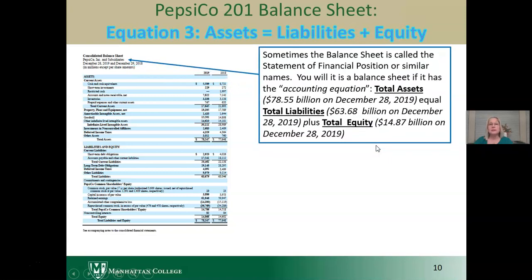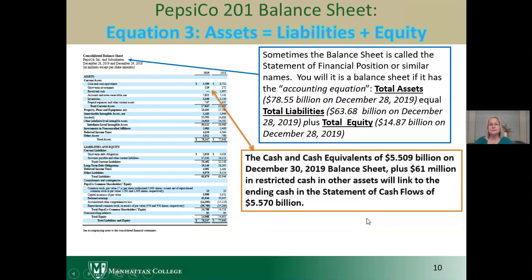So sometimes it might be called a statement of financial position or a similar name. You will know it's a balance sheet if it has the accounting equation. Total assets, which are $78.55 billion for PepsiCo at the end of 2019, equals total liabilities, $63.68 billion in 2019, plus total equity, $14.8 billion.